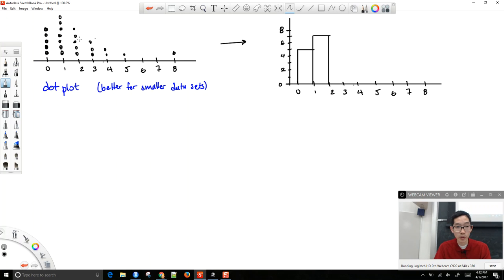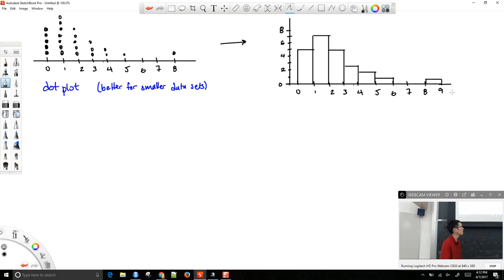The next one is also 5, and the next one has 3, then 2, 1, and then 1 at 8.